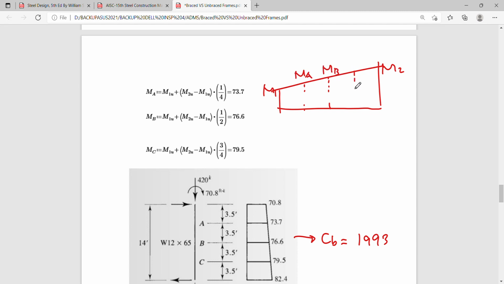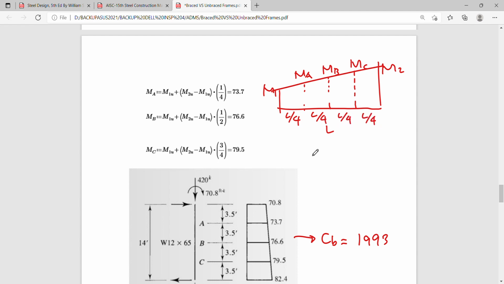Okay, so if this is an L distance, this is L over 4, this is L over 4, L over 4, and L over 4.